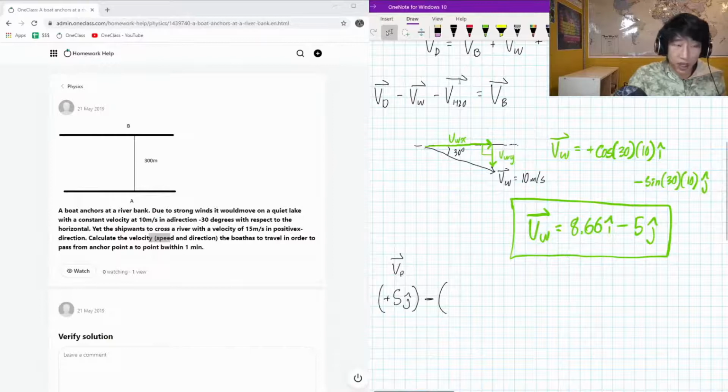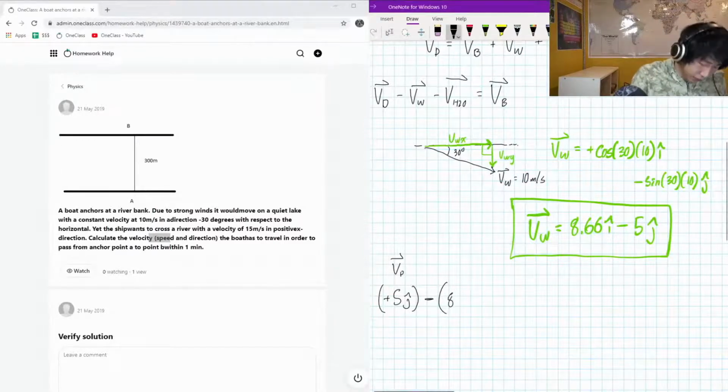So we have to be extremely careful here. So now we have to do minus VW. So we're going to put VW in the brackets, but that minus in front, real important. Don't forget that. 8.66 I minus 5J. And this will be VW for the wind.